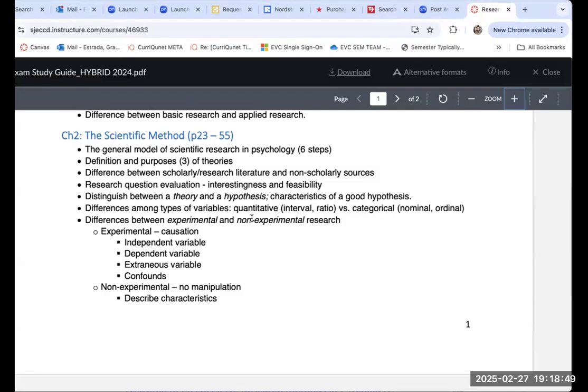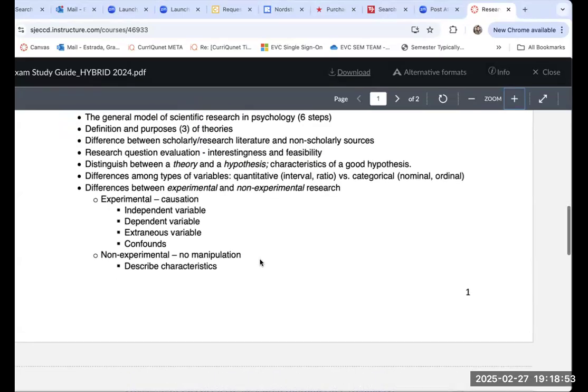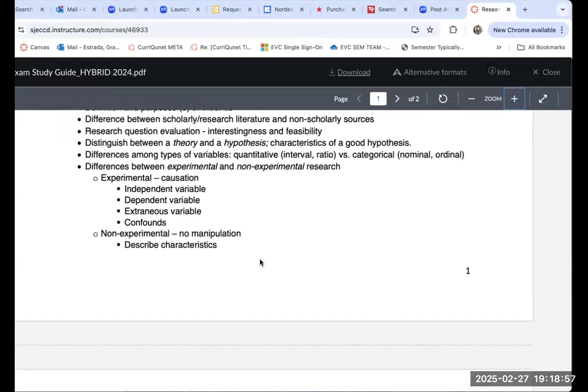Talked about the general model of research, those 6 steps. We talked about the theories. Scholarly research literature is targeted at an academic audience. It's not pretty. It's black and white. Most you'll see are graphs, right? And the writing level is higher.